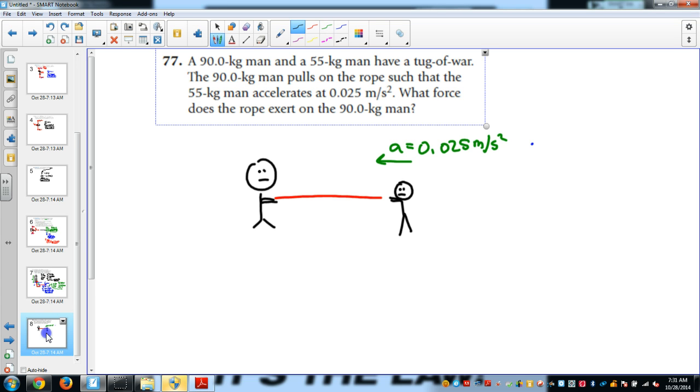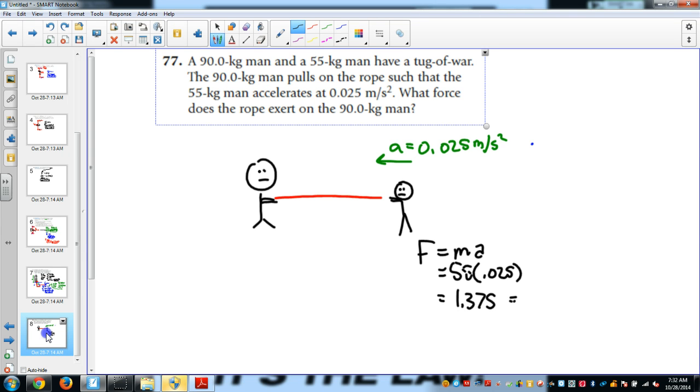So I'm going to use F equals ma over here because I know the man's mass in this case is 55 and I know his acceleration is 0.025. So 55 times 0.025 is 1.375.